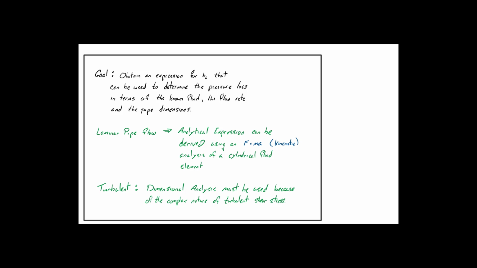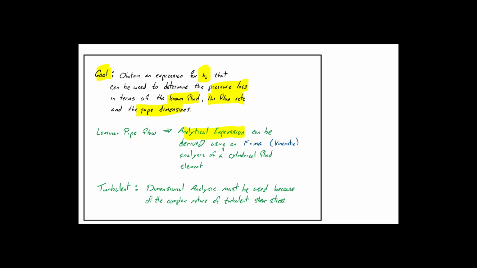Our goal now is to obtain an expression for HL that can be used to determine the pressure loss in terms of the known fluid, so density and viscosity, the flow rate, and the pipe dimensions. For laminar pipe flow, we are going to be able to get an analytical expression.